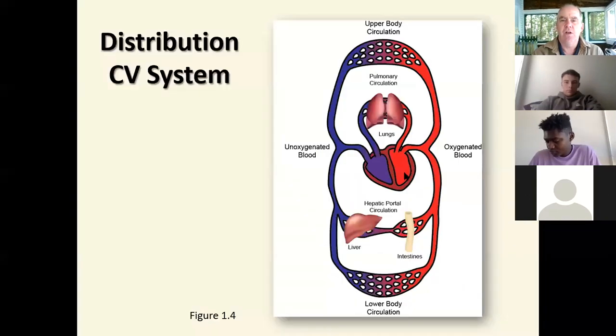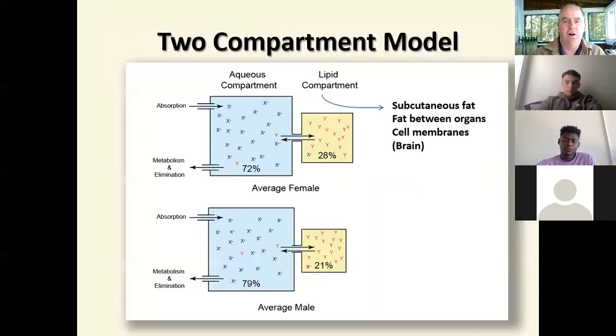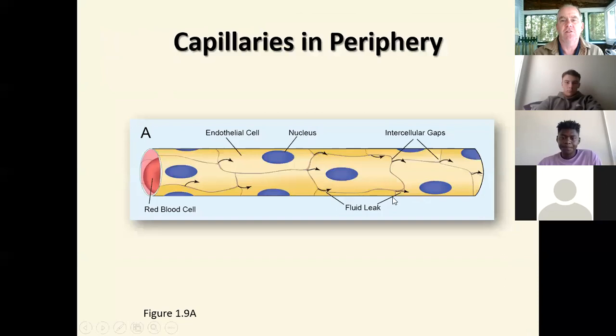Okay, so getting back to our distribution, out in the body, most of your circulation is your systemic circulation, and the capillaries in your systemic circulation are like this. The walls of the capillaries, if you look over here, are just one cell thick, of endothelial cells.